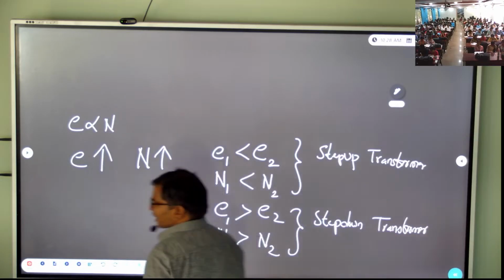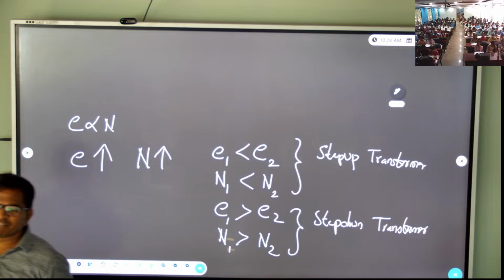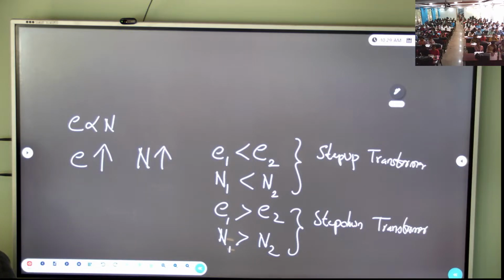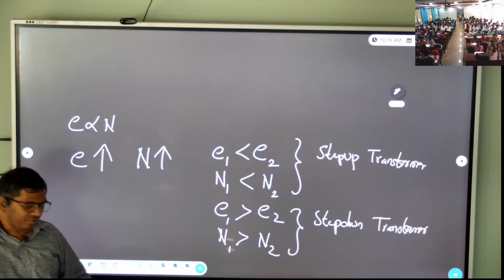So in the charger we are having a step down transformer. Input is 230, output is 9 volts. So E1 is greater than E2, step down transformer. Or you can say number of turns also.